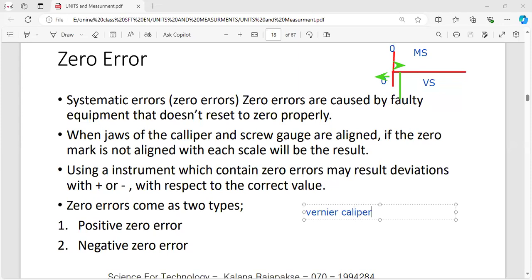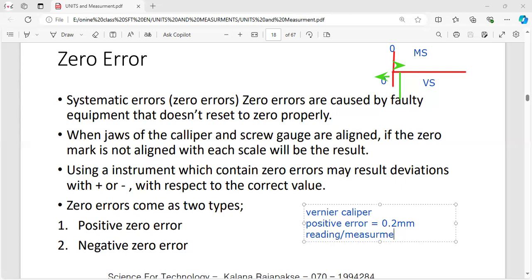Let's say with the vernier caliper there's a positive error. We can find out the positive error, let's say it is 0.2 millimeters. Then we measure anything we want as usual.